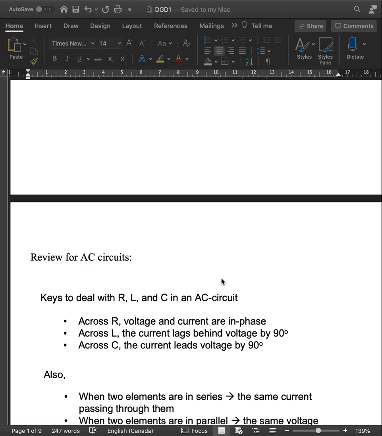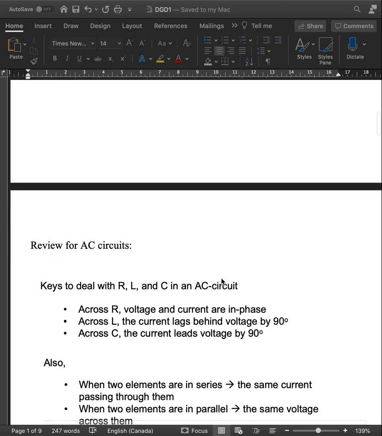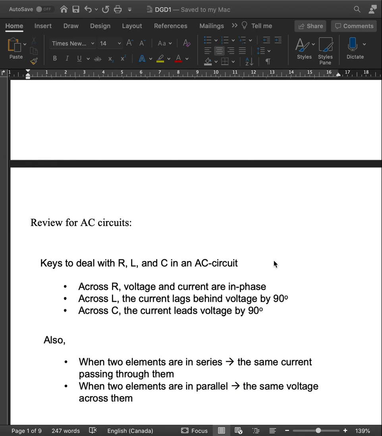Let's say we have a circuit with just resistance. The voltage and current will be in phase with each other. That means the voltage and current won't have any lagging or leading between them, hence the angle between them would be zero. I'll show you later in the document what it looks like.